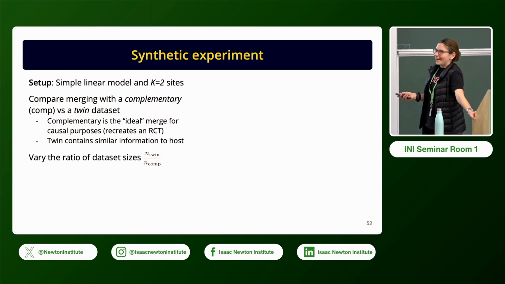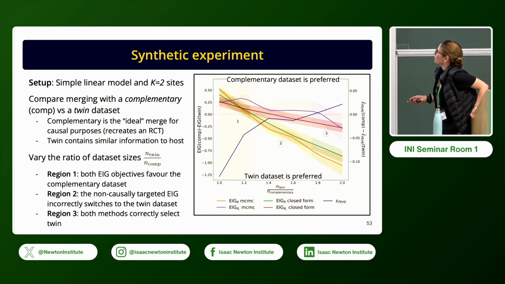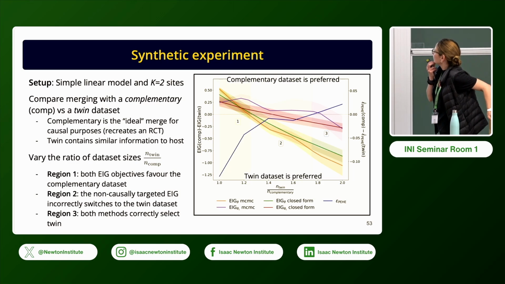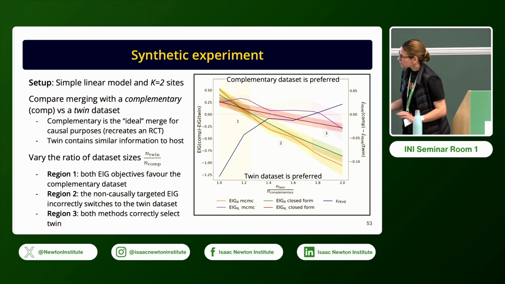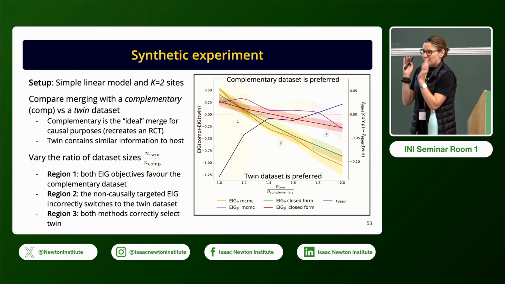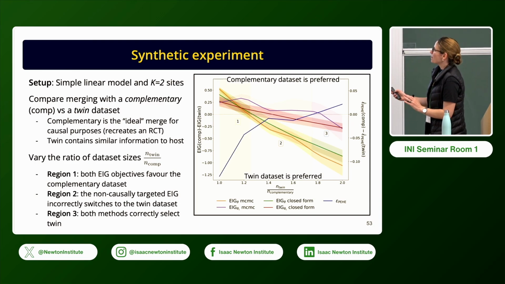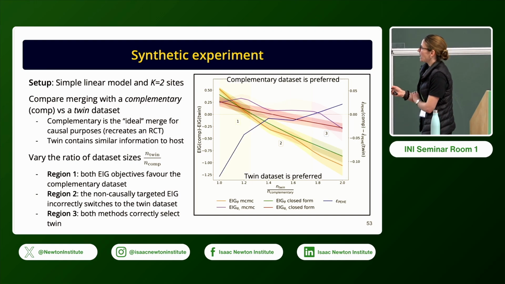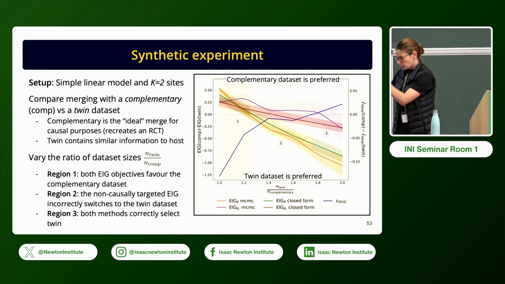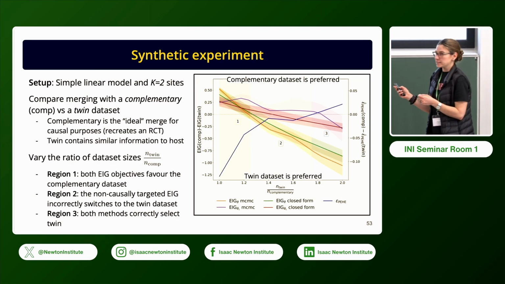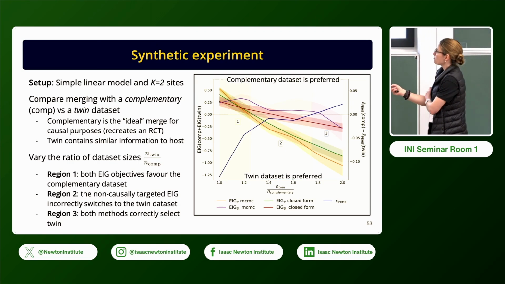Okay, I'm running a little bit short on time, so let me just very briefly describe this synthetic experiment. It's actually a bit complicated. We have a simple linear model setting, and we only have k equals 2 sites. What we'll be doing is have 2 data generating processes, one for each of the 2 sites.